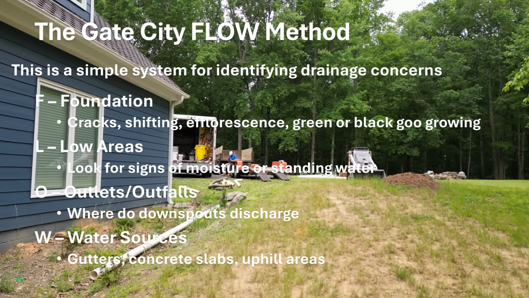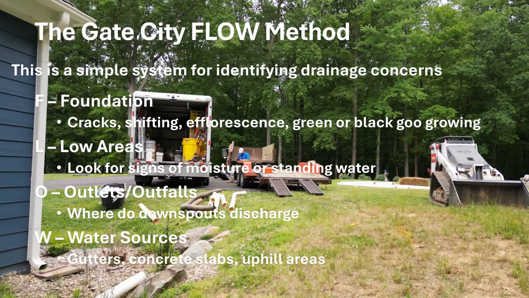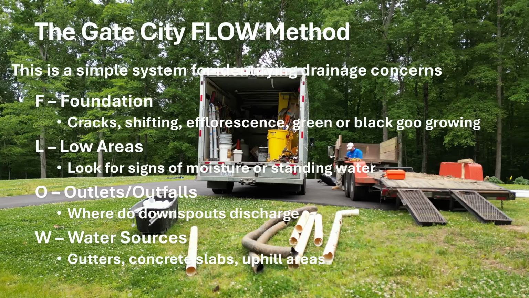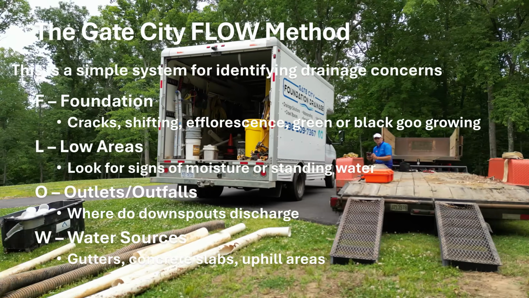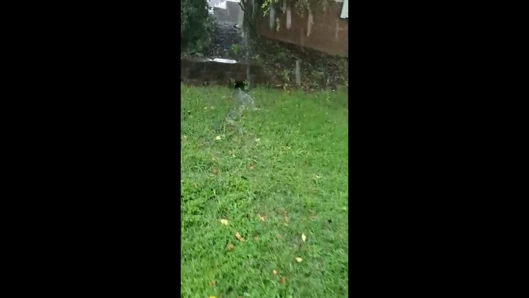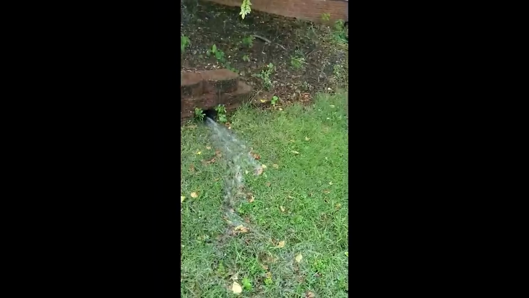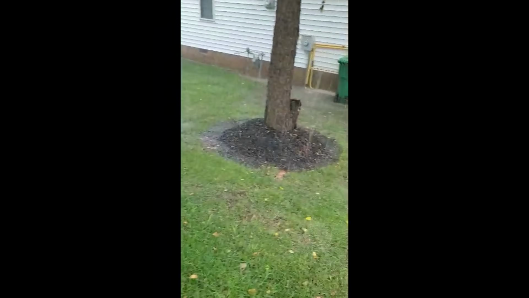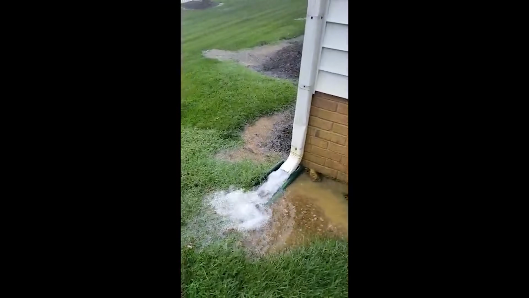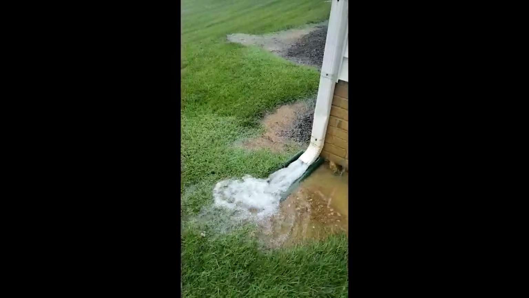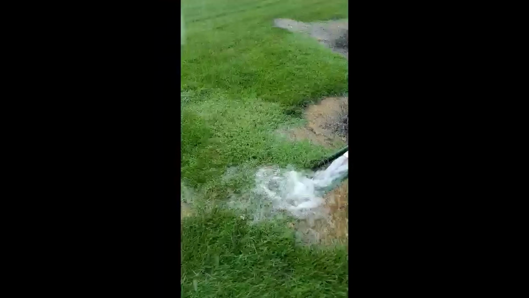You can have driveways that, especially if the house sits below the street, the concrete slab, the sidewalk, whatever, is going to take that water and send it wherever the concrete happens to be pitching to or sloping to. Uphill areas can also be very telling on what might be going on. We already looked at this one where the concrete was sloping into the wall there.